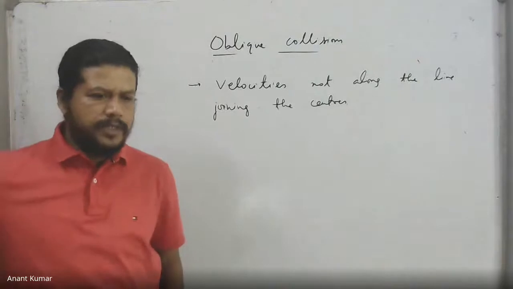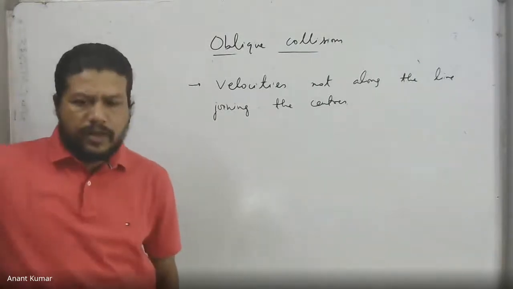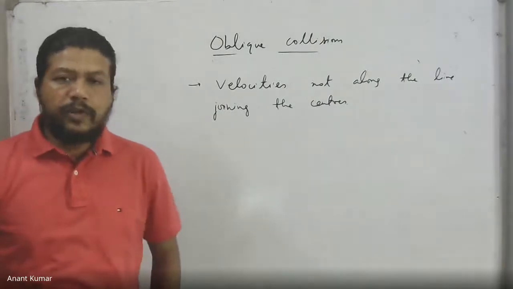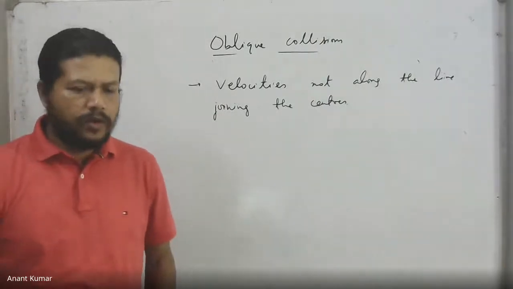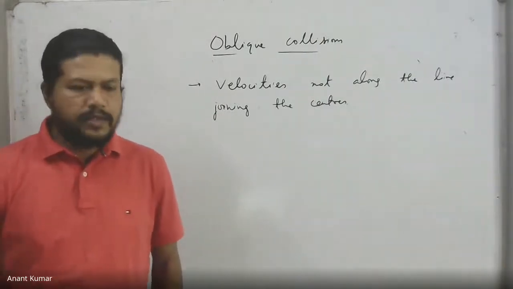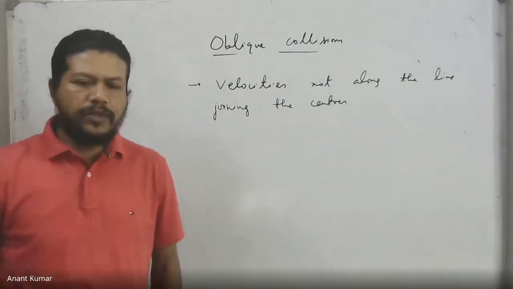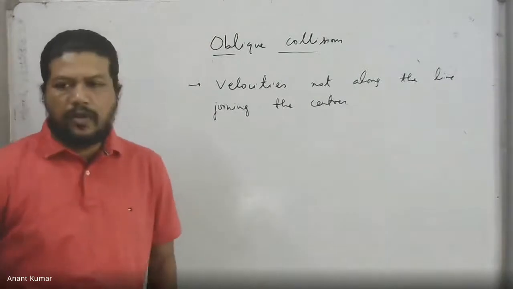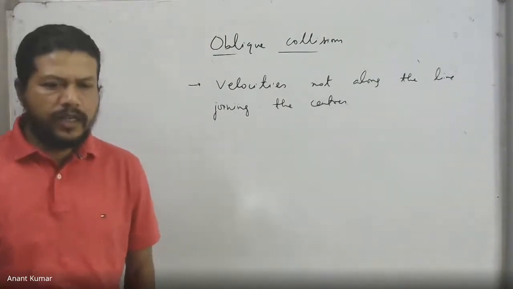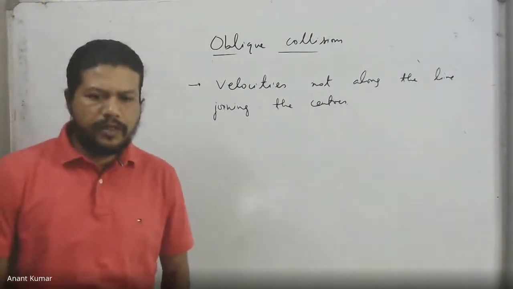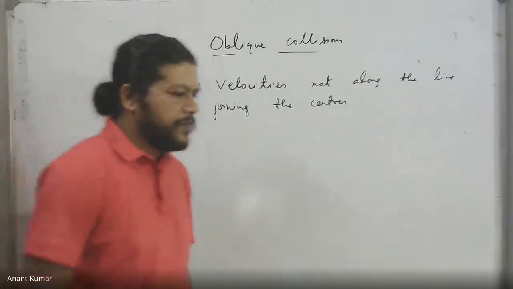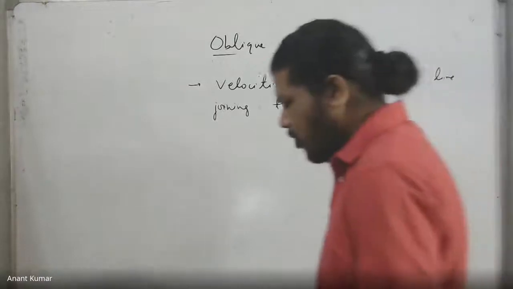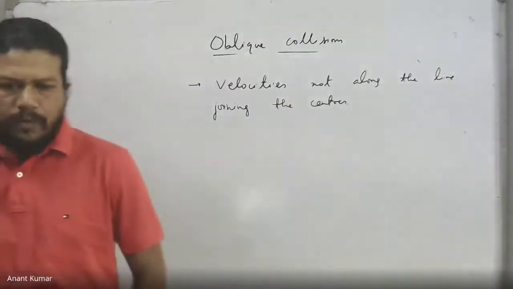But as it happens for an oblique collision, what is useful to consider is either two mutually perpendicular directions, or in some cases we can just break the motion in two directions, one along the line that joins the two particles and the other in a perpendicular direction. Usually it is useful to consider the interaction broken down into two components.